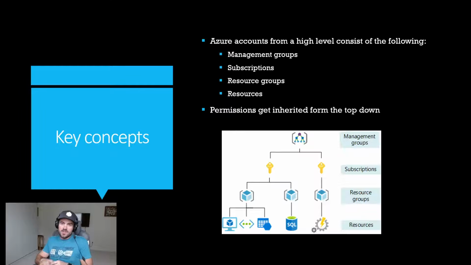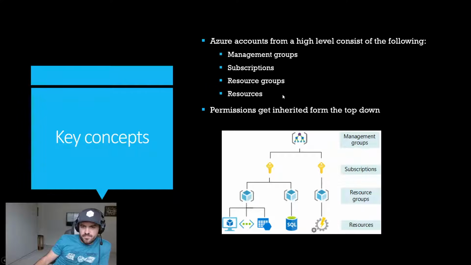All right. So from a high level, Azure groups accounts in the following manner. You've got management groups, which are here at the top. You've got subscriptions. You've got resource groups, and then you've got the individual resources. It's important to remember that permissions get inherited from the top down.